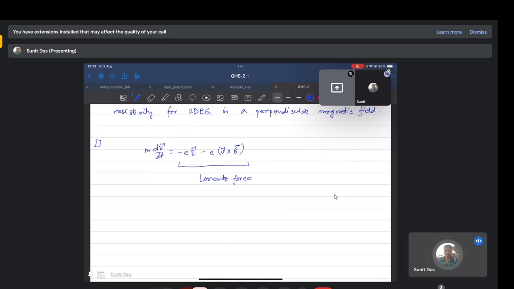And then in a solid state system, or let's say a metal in general, there are some collisions that happen, right? According to this expression, as we apply force, the electron gets accelerated and goes on, but that cannot happen in a realistic system. In a metal, we have millions or billions of electrons, of the order of 10 to the power 23, and they are randomly colliding with each other as well as with the ions.